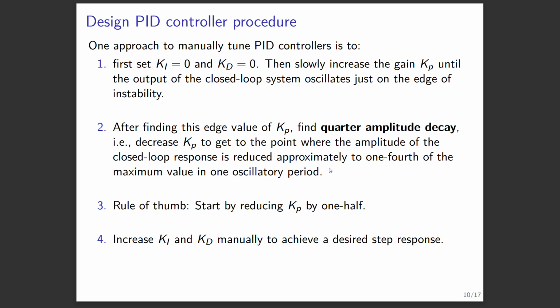Now, a rule of thumb is that you don't need to start decreasing Kp from what you found; start by reducing it by 1/2. So we know that it should be around 1/2 of Kp. Then after you find this quarter amplitude decay gain, increase Ki and Kd manually to achieve the desired step response.